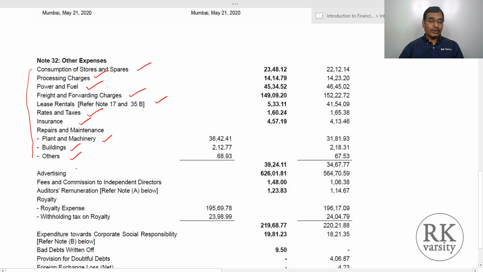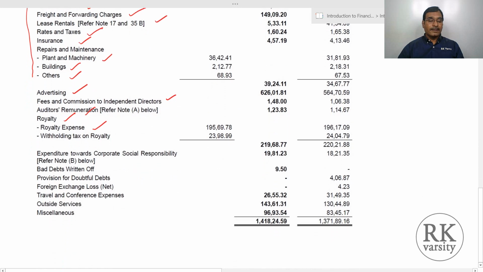In addition to that, you also have expenses towards advertising and fees and commission to independent directors, auditors remuneration, royalty paid and royalty expenses. Then you also have expenditure towards corporate social responsibility, bad debts written off, provision for doubtful debts, foreign exchange loss, travel and conference expenses, outside expenses.